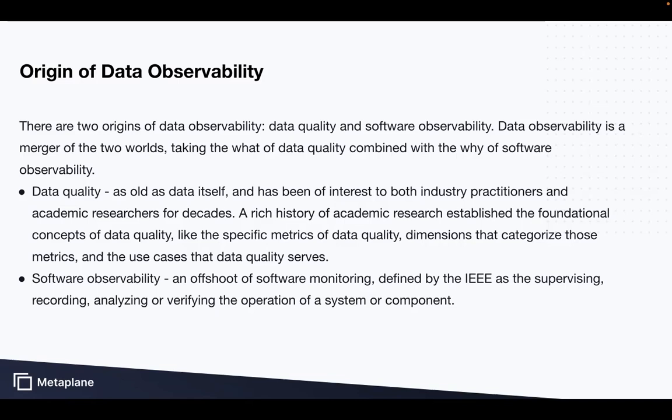These are tools you've seen in every IT department you've ever worked at, things like New Relic, Datadog, Splunk. And these 2 fields have merged together to provide this new field of data observability, which is very, very new. I'd say people weren't even using that term before the year 2020.